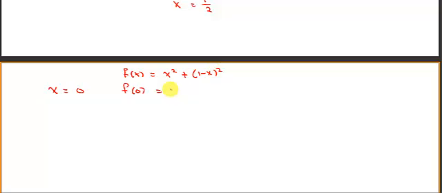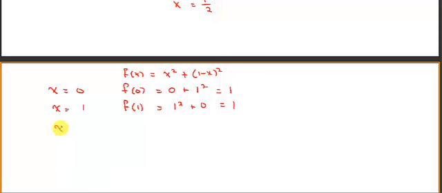So when x is equal to 0, this will be 0, plus 1 minus 0, that'll be 1 squared, and that's 1. When x is equal to 1, the other end, f of 1 will be 1 squared, plus 1 minus 1 squared, that would be 0, and that's 1.